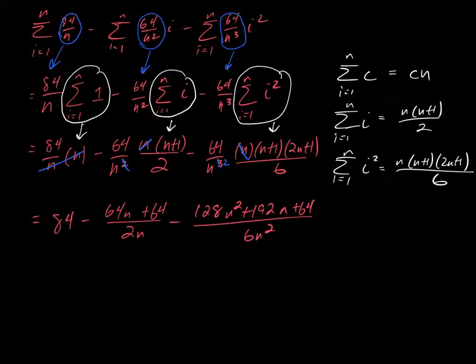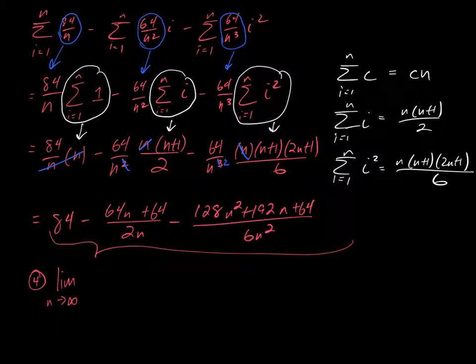So the idea is we want to use as many rectangles as we possibly can. And so step 4, the very last one, we want to take the limit as n goes to infinity. You can't get any better than infinity. And we want to find the limit of that whole expression.